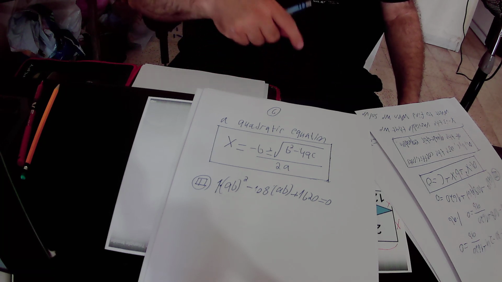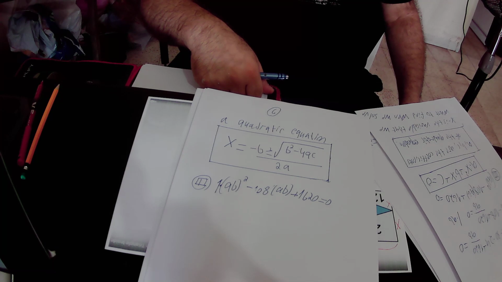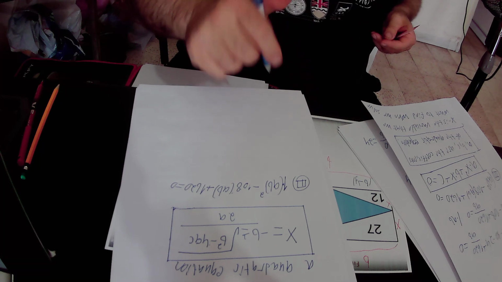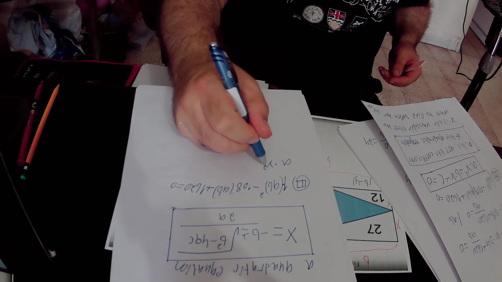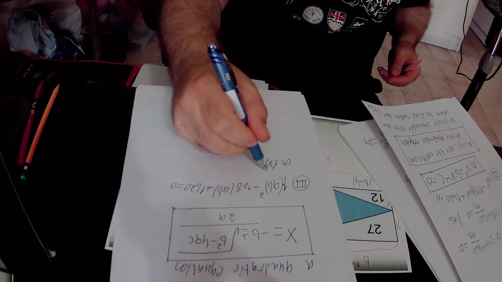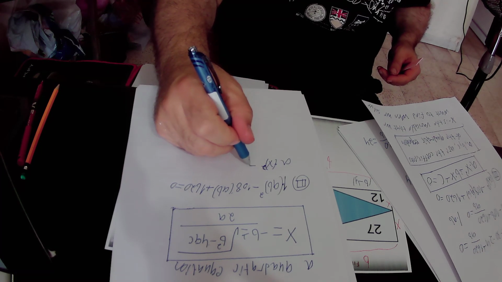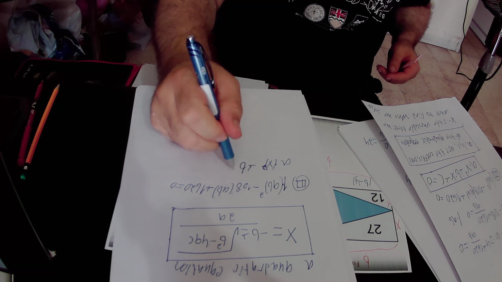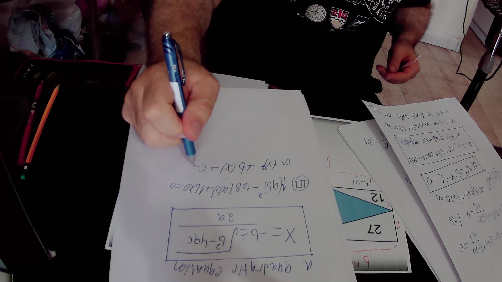Then we will write below the general formula for the quadratic equation: A times x squared, I will put x in brackets, it doesn't matter, plus b times x plus c equals 0.